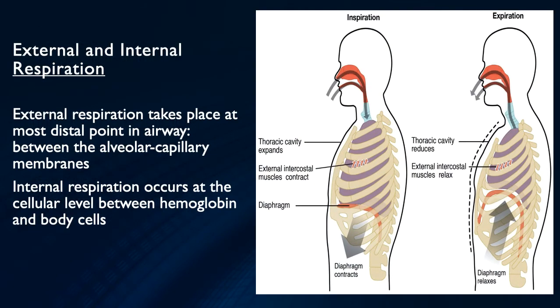So, we have external and internal respiration. External respiration takes place at the most distal point in the airway, between the alveolar and the capillary membranes, while internal respiration occurs at the cellular level between hemoglobin and body cells.